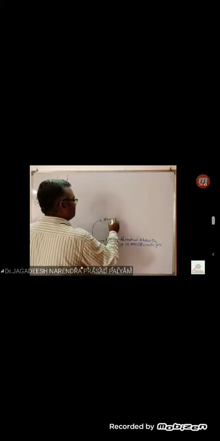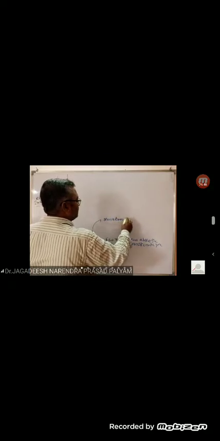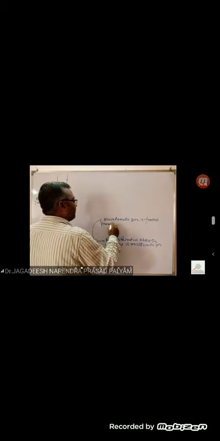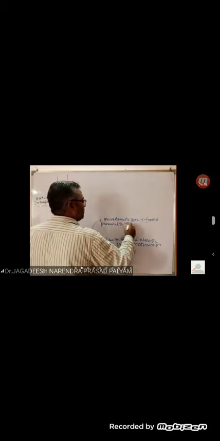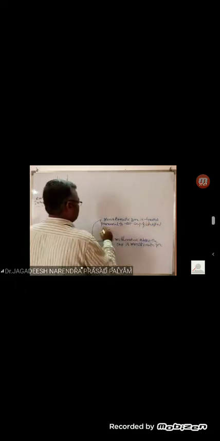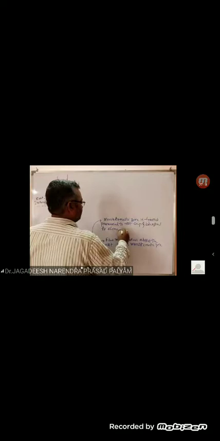So where is this meristematic zone located? The meristematic zone is found proximal to the root cap and distal to the elongation zone, because next to the root cap is the elongation zone. This is the elongation zone.